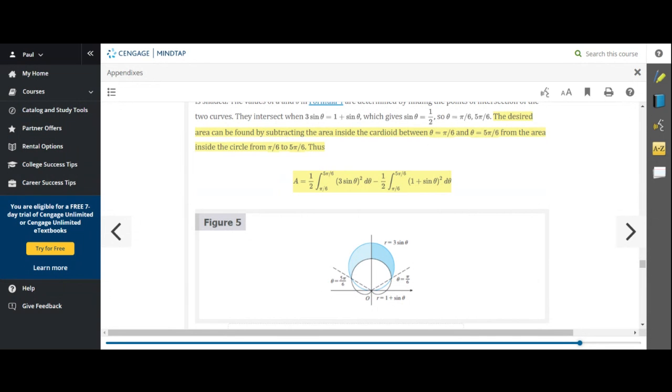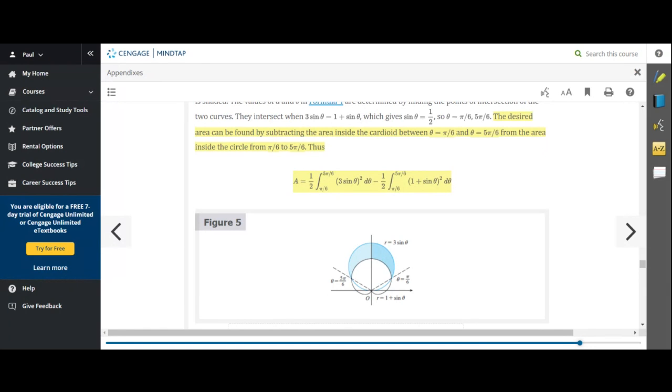So the first area is 1/2 times the integral from pi over 6 to 5 pi over 6 of the quantity 3 times sine theta, squared, d theta. That's the area underneath the circle from 30 to 150 degrees.